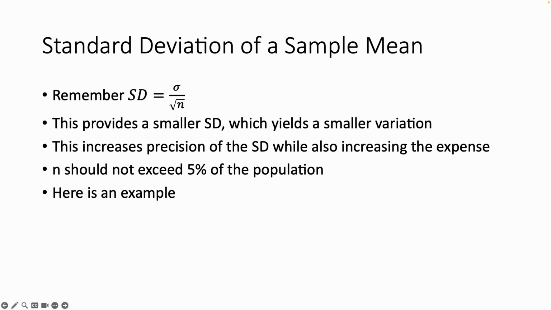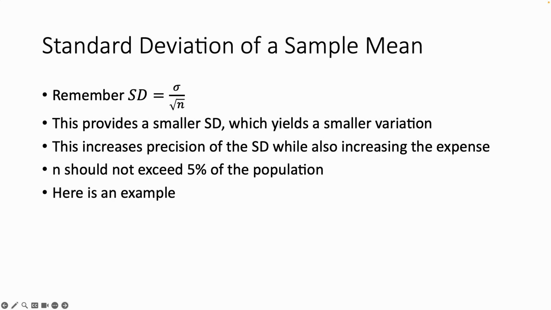If we're talking about n equal to 1 million, that's an extremely expensive data collection. How do you get 1 million pieces of data collected? And that becomes an expensive process. Another piece of this is that n shouldn't really need to exceed 5% of the population, because after that, we really don't get the variability that is needed anyway.